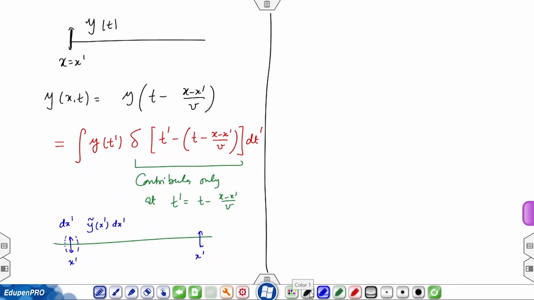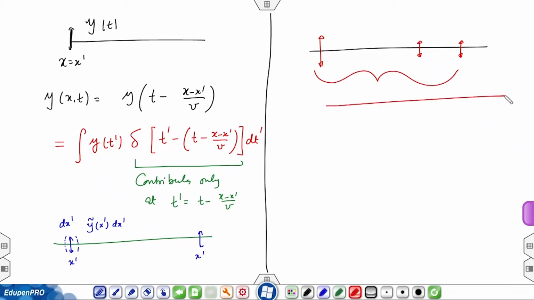So, here is the string which is being shaken up and down at different places, and let us say all these places are to the left of where I am going to observe things. So, x is way out of it, and from everywhere I am getting a contribution y tilde(x prime) dx prime from that string of length dx prime.